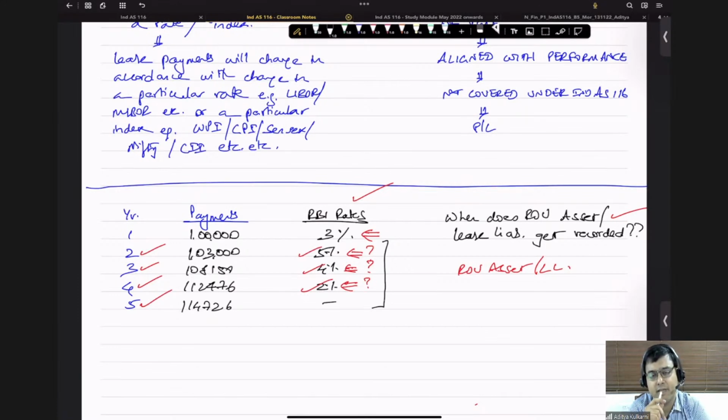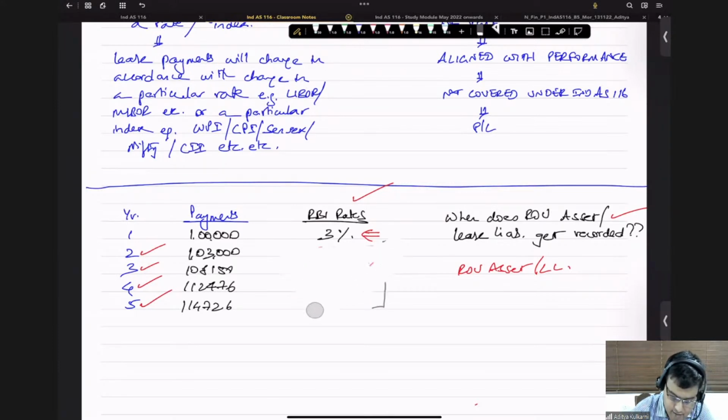Sir, why no estimation? Because estimation brings bias, and bias means your financial statements do not present a true and fair view. So therefore, what are you going to present? Sir, I know RBI's rate is 3% at the beginning of the period. Okay.